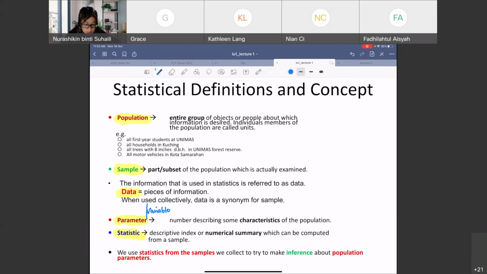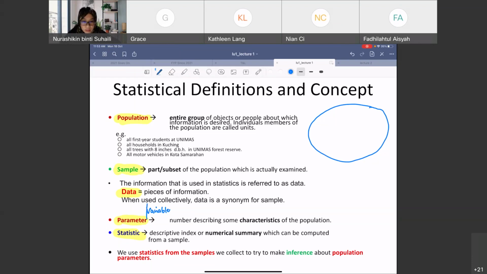Population is something related to a large group of audience or objects or people. Let's say when we talk about population in Sarawak, population in Malaysia, population in Unimas. It means that it covers everything within that subject.